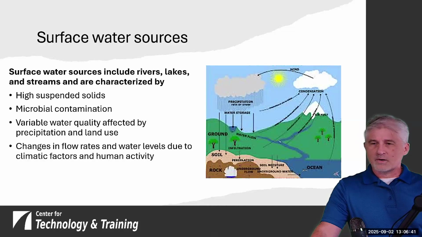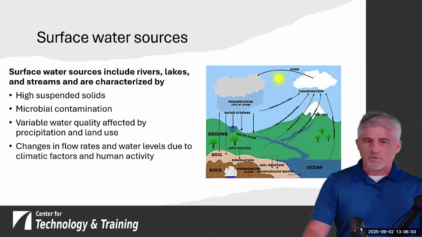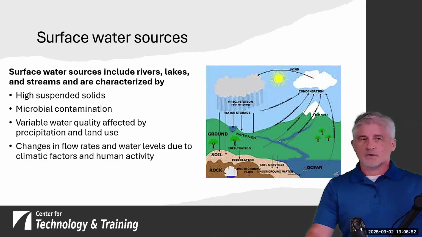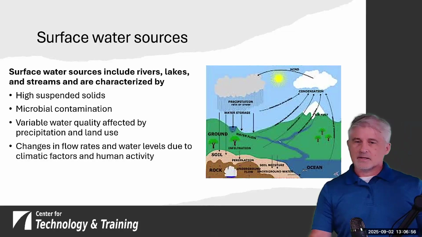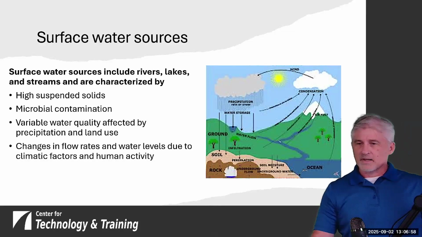How are they different from groundwater systems or sources? Well, they tend to have a lot of suspended solids, and that's quite often due to the runoff that we experience. Water gets into our surface water bodies by going overland and picks up things.